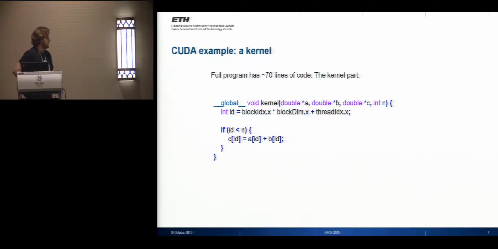You have a branch checking that you're inside the borders, then you update the corresponding value. This is not very productive, and we want to provide a better API for a programmer, similar to the language the programmer is using, and at the same time efficient in the sense that it's comparable to an implementation written in plain CUDA.